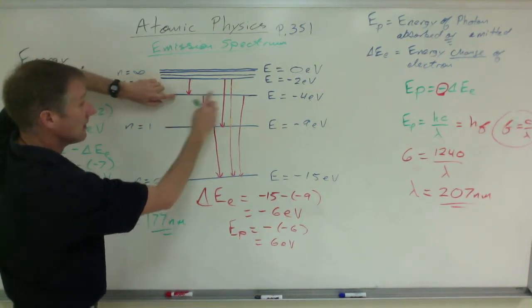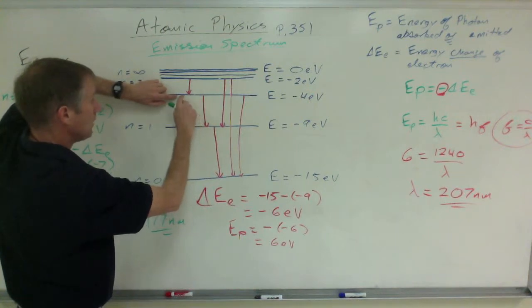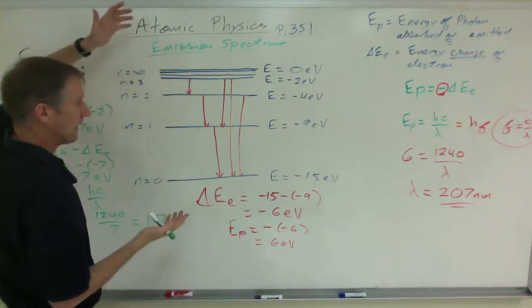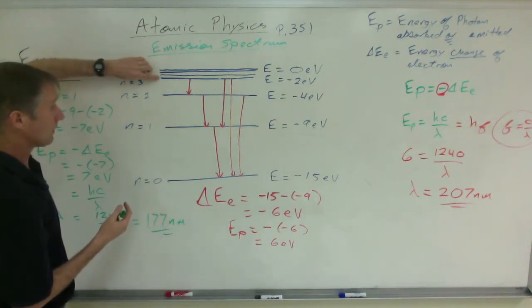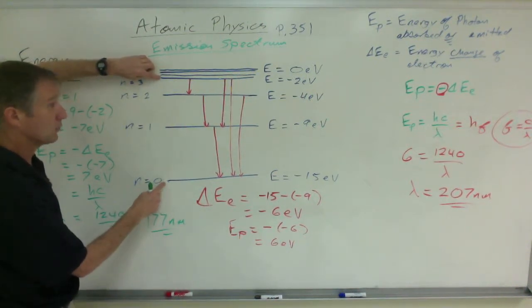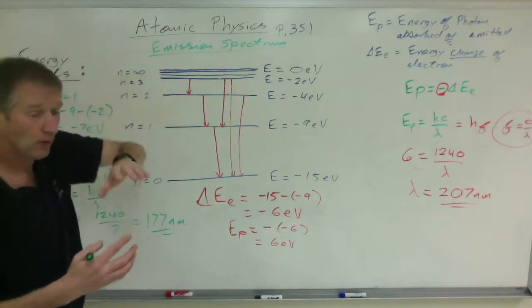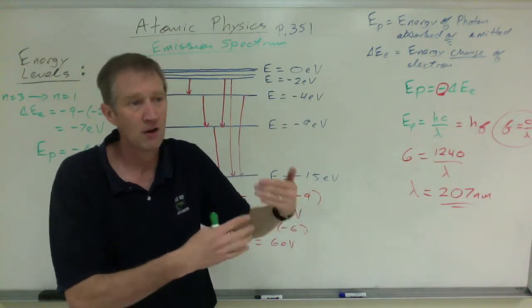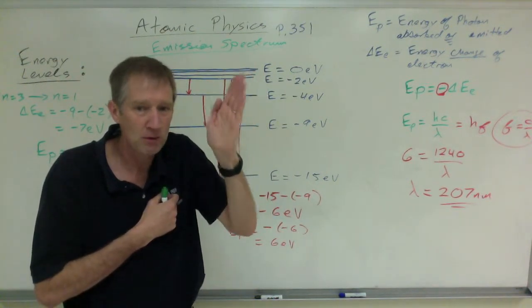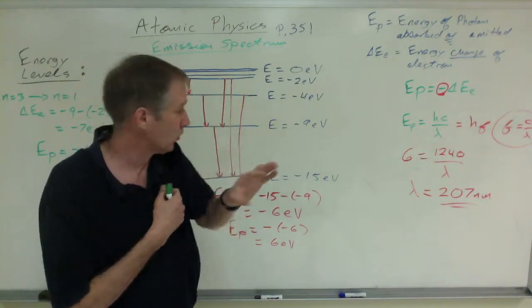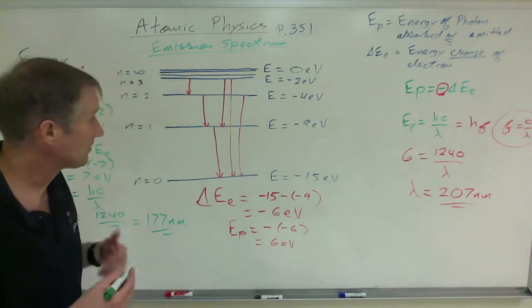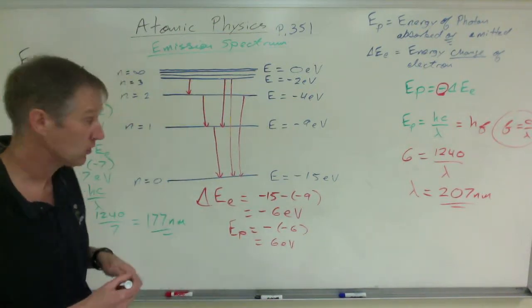You wouldn't see anything that had 2 electron volts, because an electron here would absorb that and jump up to there. And the last combination, from 2 to 15, which is 13 electron volts, that photon would be absorbed and taken out of the white light. Then as it comes out of the gas, you see all the other colors except those. You'd see little black lines at the spots where these photons were taken out. That's called the absorption spectrum.